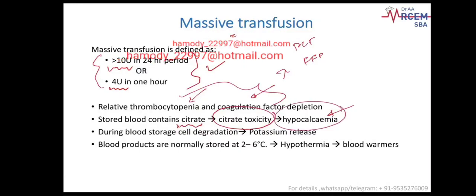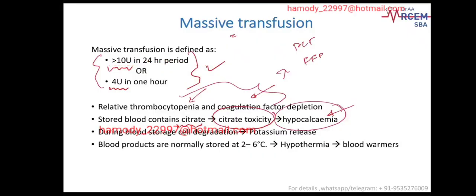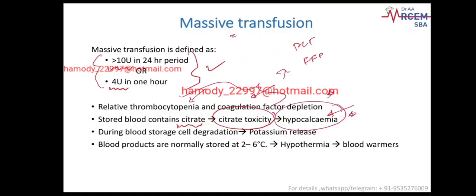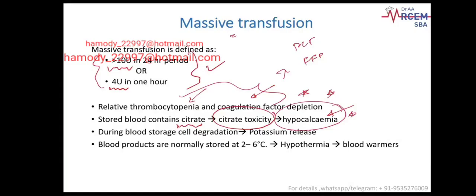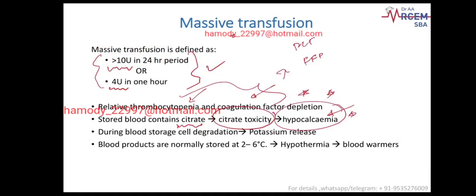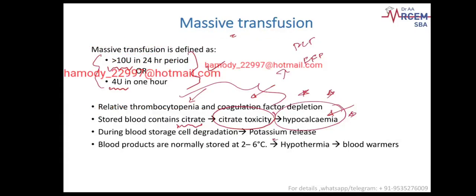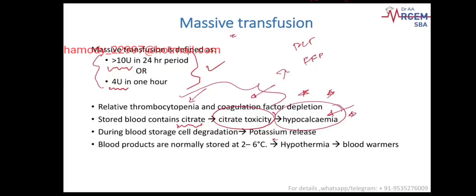So what is the most common complication you see because of a massive transfusion? It is hypocalcemia. Remember this. Sometimes there might be an increase in potassium levels because stored cells can break down, releasing potassium.